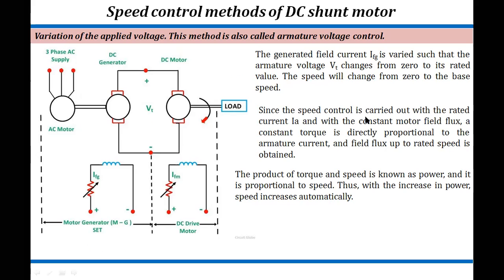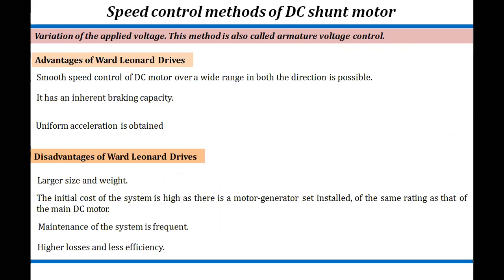Since the speed control is carried out with the rated current, because we are controlling the armature current with constant motor field flux, constant torque is proportional to the armature current and the field flux, and up to the rated speed is obtained. That's why we get an increase in speed with an increase in power.